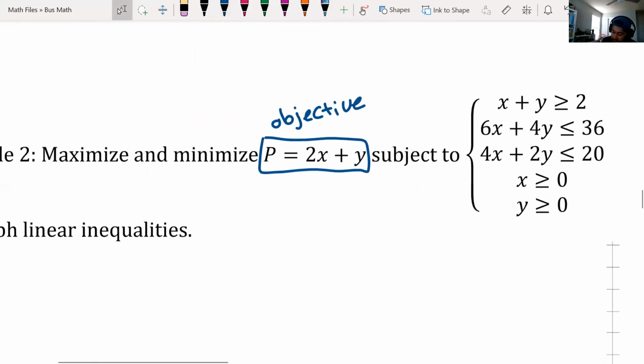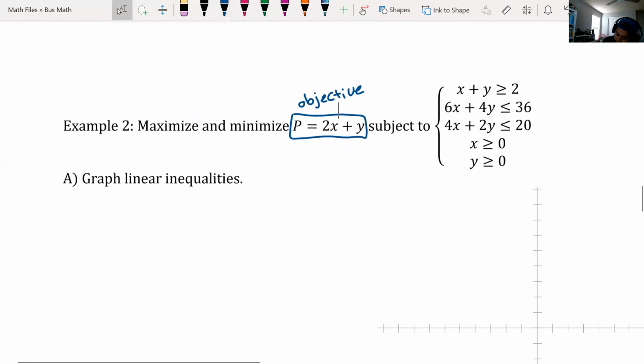Ooh, man. All right. So we'll start by pulling these equations out one by one and finding the x and y intercepts of all of them. So for the first one, we have x plus y equal to 2.